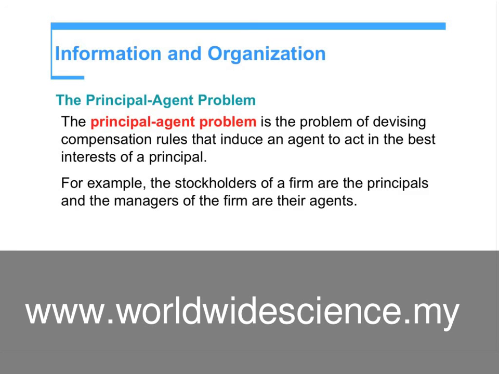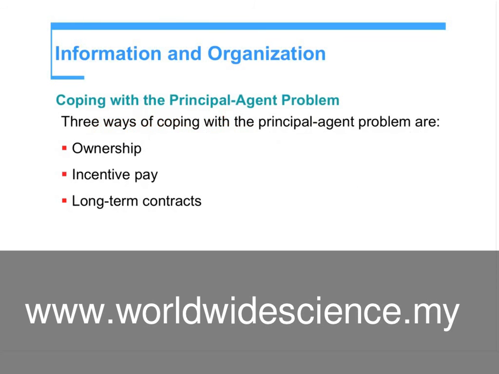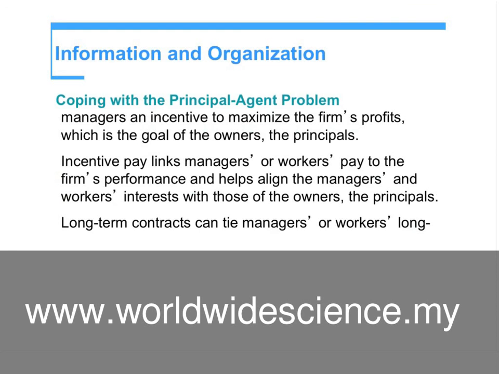Sometimes when the managers or agents are the owners or partially the owners, that is an encouragement to them to maximize the firm's profit because they own it, so whatever is added to the company is in a way added to their own wealth. So by giving them ownership, we try to encourage them.